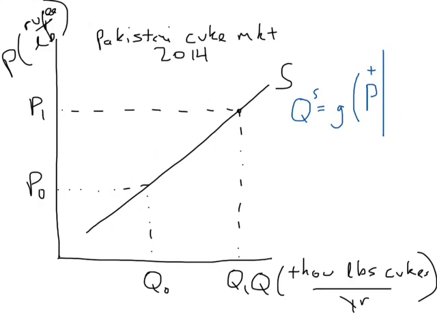So as I indicated, technology is one of the big drivers. If we have more advanced technology, with this measure of technology that gets higher as technology gets better, then what we're going to see is an increase in supply as technology gets better.